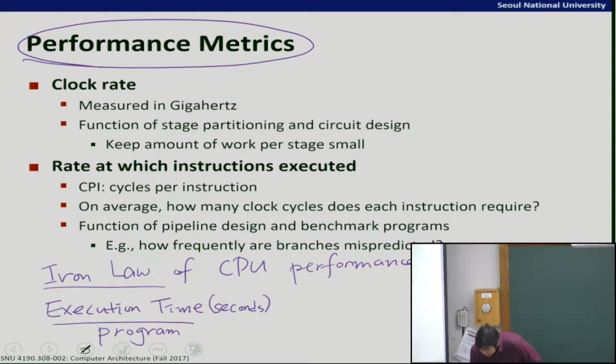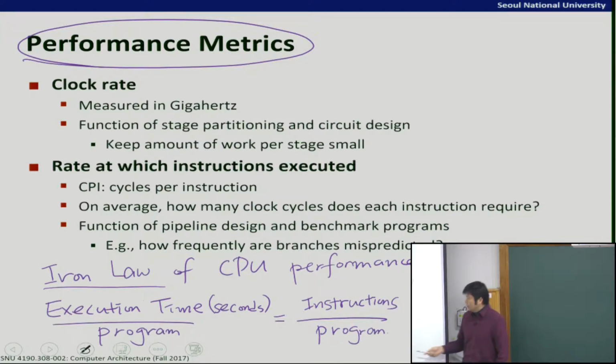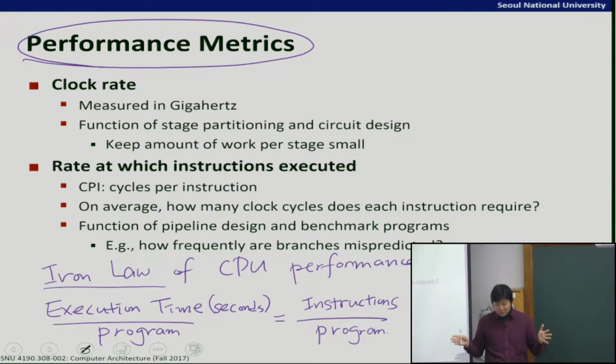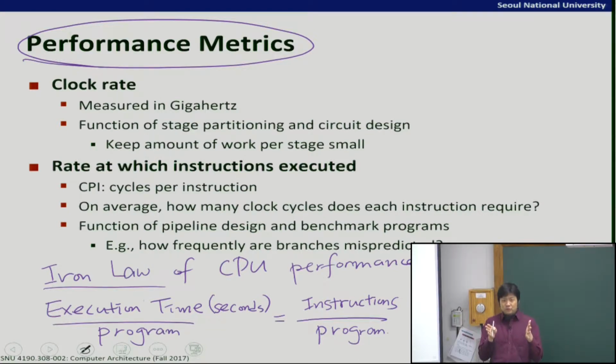This can be calculated as, first, instructions per program. That is, how many instructions you execute. Your execution time will be proportional to how many instructions you execute. If you execute more instructions, your CPU and pipeline will run longer. If you execute fewer instructions, execution time will be shorter.